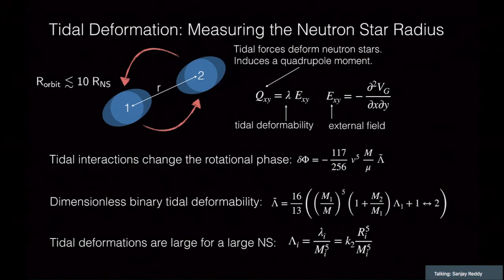And as I mentioned, the tidal deformability scales as the radius to the fifth power. So even small changes in the radius of a neutron star lead to very large changes in the tidal deformability. This can be used, and it has been used, to constrain the radius of neutron stars, because you can actually study the rotational phase of two neutron stars as they inspiral by observing the gravitational waves.